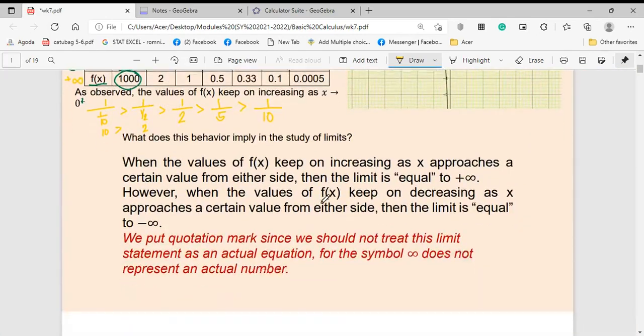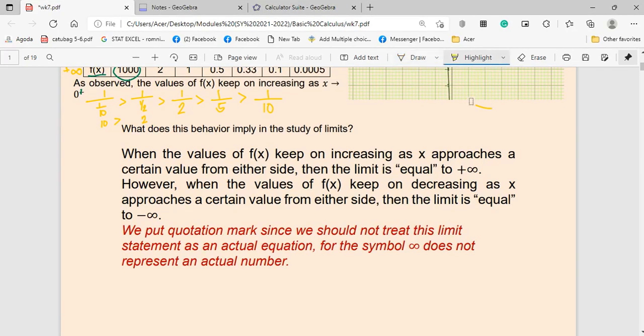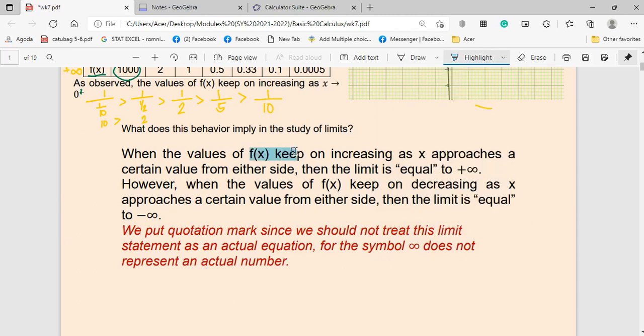In the definition, ang sabi niya, when the values of f of x keep on increasing as x approaches a certain value.